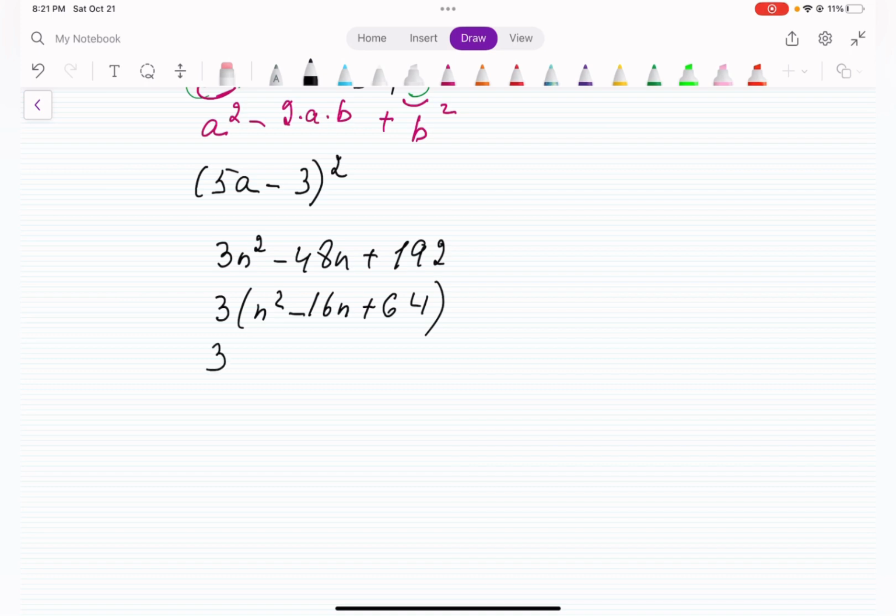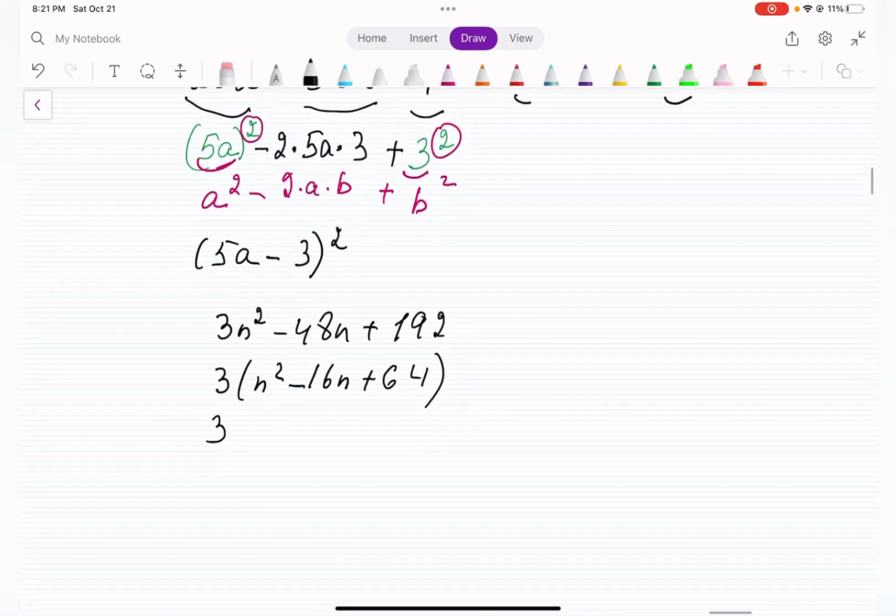Now let's see, do we have a squared and b squared? So n is going to be my a, right? a squared. Here 64, I can write down 8 squared, right? And let me see, minus 2ab. My a is n.